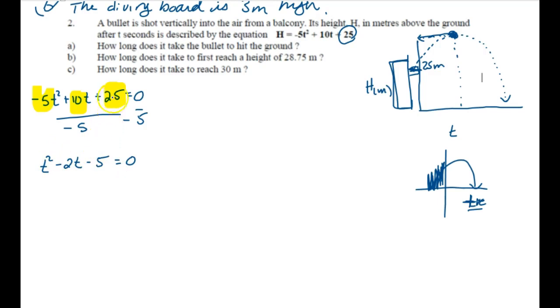You end up working with smaller numbers. You could go ahead and do this with the quadratic formula. It'll work. It's just bigger numbers. Check to make sure signs are right. Negative divided by negative is positive. Positive divided by negative is negative. Positive divided by negative is negative. And that should be 0.